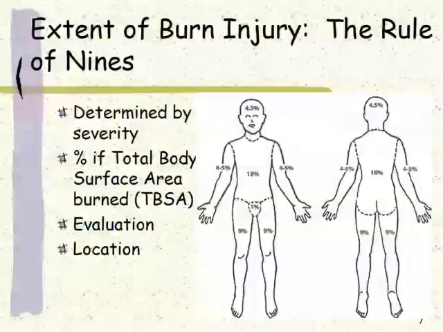So a patient's palm would represent 1% of their body surface area. You can see how a child's palm size would be quite different from an adult's. But that might be a good rule of thumb if the patient just suffered some minor burns or burns that were quite scattered throughout the body.